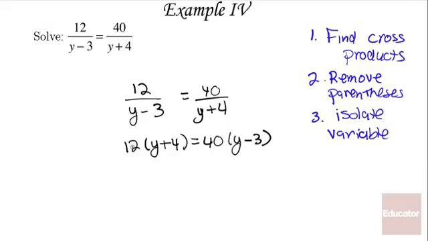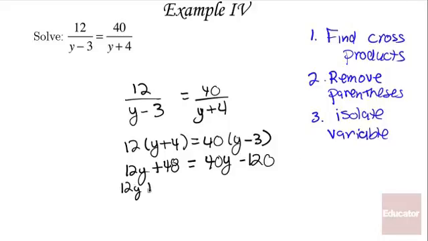Using the distributive property, 12 times y plus 4 is the same as 12y plus 48. 12 times y plus 12 times 4 equals 40 times y minus 40 times 3, which is 120. I'm going to move all the y's to the left and all the numerical terms to the right. So subtract 40y from both sides.